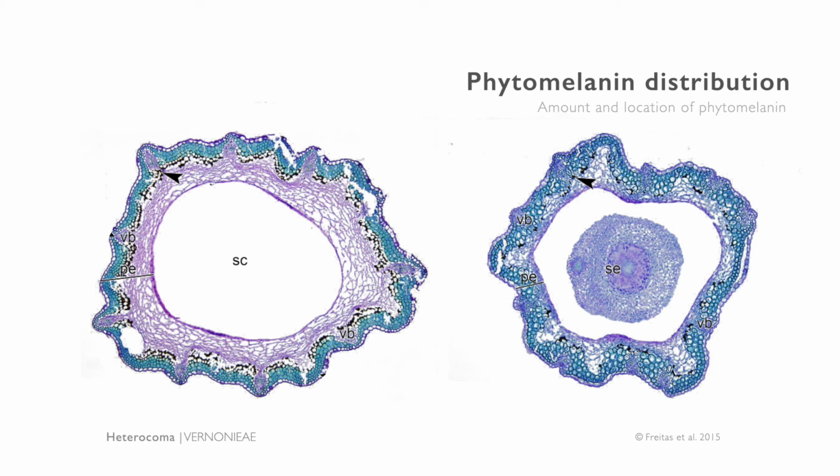So in this paper from Freitas et al. from 2015, they discover a hitherto unknown presence of phytomelanin in the Vernonieae. So what you see there in color black, that the arrows are pointing, that's the phytomelanin. And you see that phytomelanin in this particular case is attached to a layer of sclerenchyma that surrounds the cypsela. And that sort of distribution was unreported until the date of the paper for the Compositae.